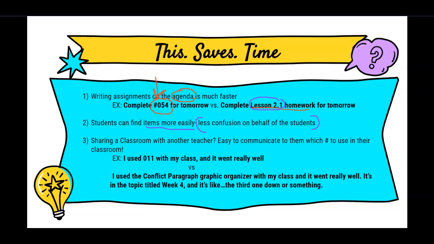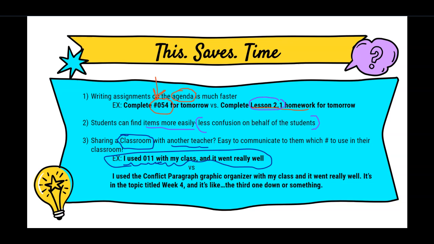The other thing that's nice, an added benefit, is that you could easily share things with another classroom teacher if they're in your classroom, like a co-teacher. It's much easier to communicate with teachers. So I could say something like, oh, I used 011 with my class and it went really well. Just saying that, then the teacher can easily find it on my Classroom.